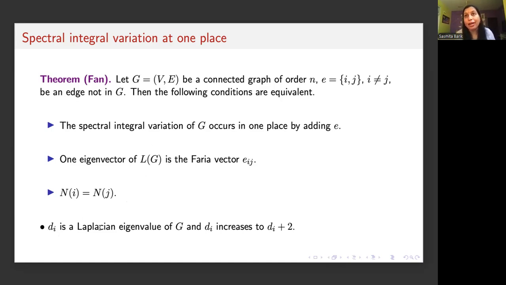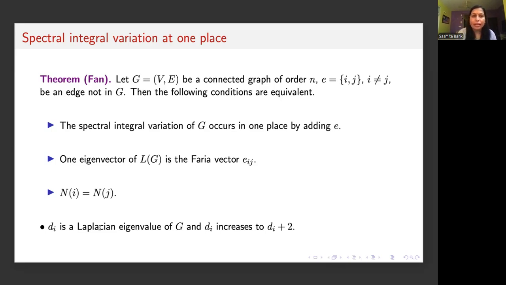So if you have a graph and you choose two vertices that have the same neighborhood set, adjacent to the same vertices, then if you put in one edge, you know that one eigenvalue will increase, and you know which one: the degree of i. That eigenvalue will increase by 2. For example, if I have a star of order n, take two pendant vertices and put one edge between them, I know that one eigenvalue will increase to 2 and 3.